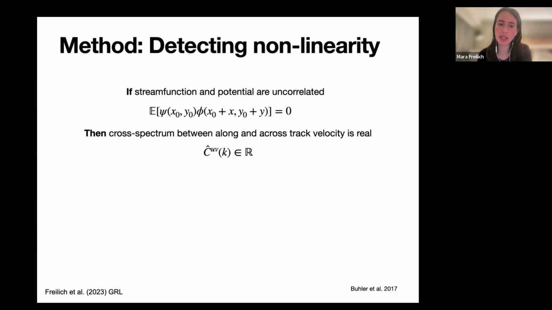And that is because this method relies on the cross spectrum between the along-track and cross-track velocity. And you can just think of that as the U and V components of velocity. Conveniently, the plane observations that I'll be showing you today were nearly straight east-west lines.